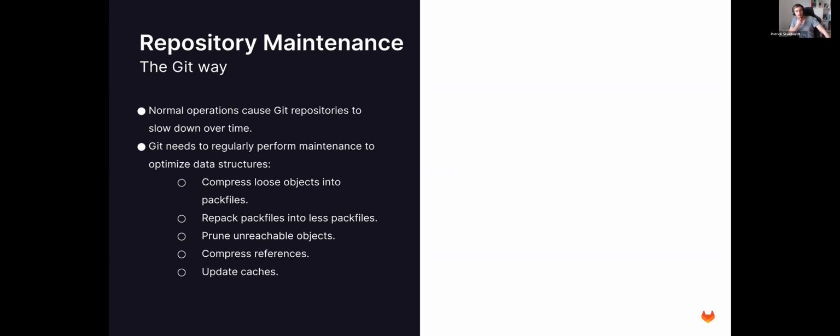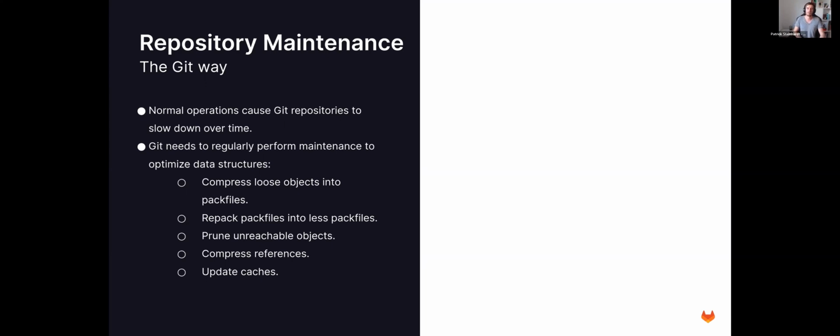So the thing is that during normal operations, you add loose objects or more Packfiles to Git repositories over time, which also means that they will become significantly slower over time because, as I said initially, if you have hundreds of thousands of loose objects inside of the repository, it's slow. Or if you have dozens of Packfiles inside of a repository, it's eventually going to become slow.